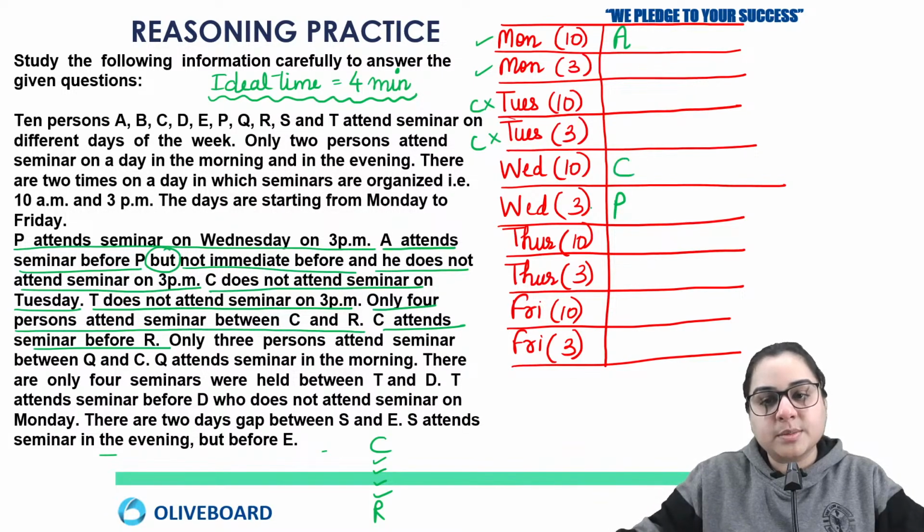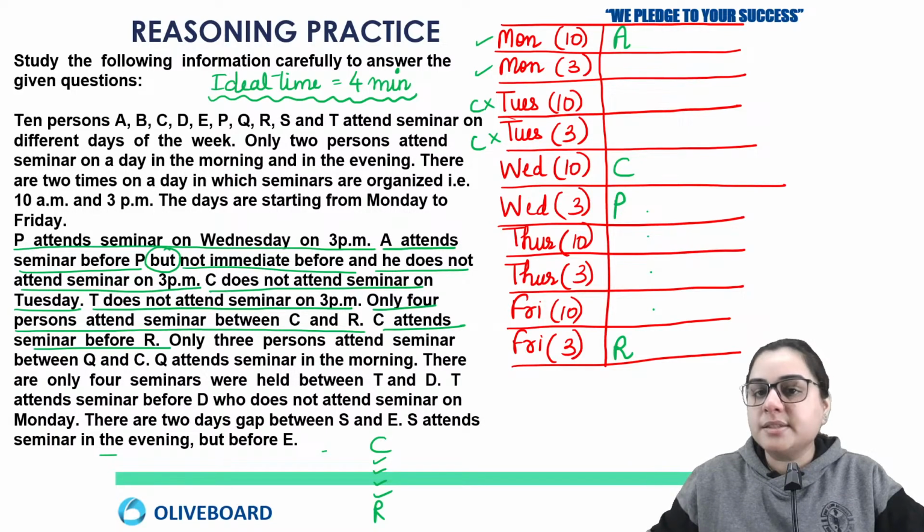So the first possibility for C is here, and below C, leaving 4 seminars, here I should be writing R. This is the only possible case for C and R, because C should come before R and C is not attending on Tuesday. And if I write C here, then 1, 2, 3, 4, that case is not happening.